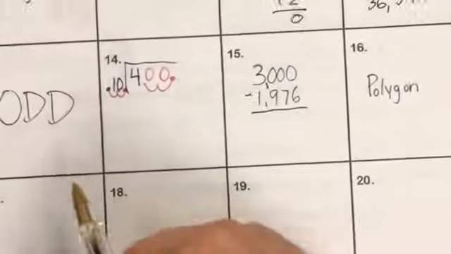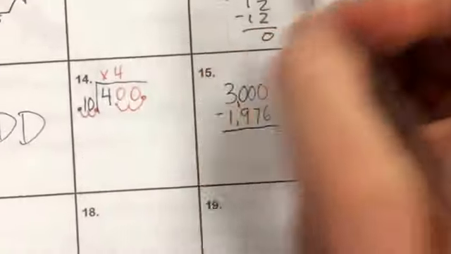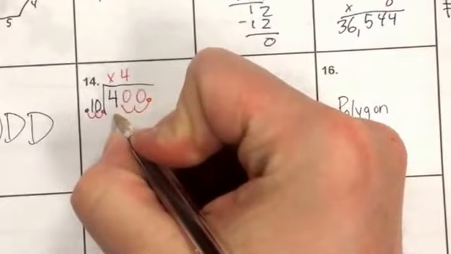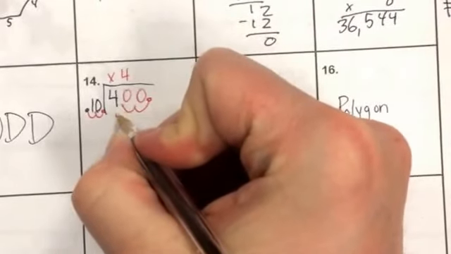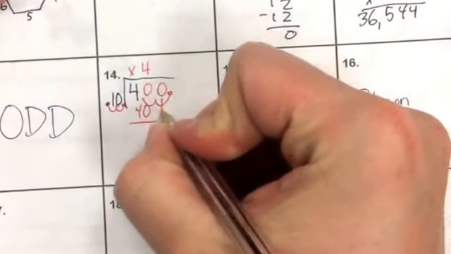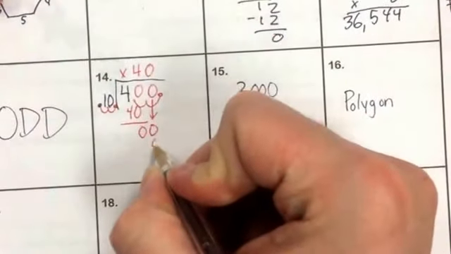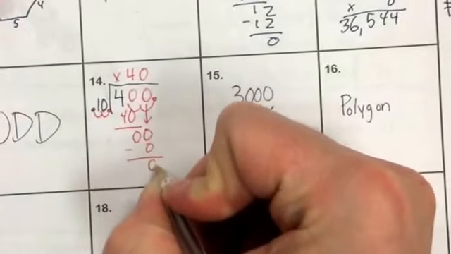And I'm going to add 2 zeros there. Okay, so then 10 cannot go into 4. 10 can go into 40 4 times. 4 times 10 is 40. And 40 minus 40 is 0. And then I bring my next 0 down. 10 cannot go into 0. 0 times 10 is 0, and we get 0.